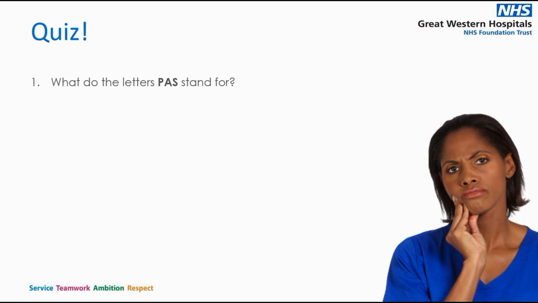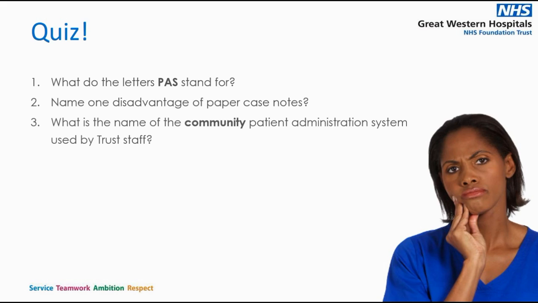Question 1. What do the letters PAS stand for? Question 2. Name one of the disadvantages that we covered regarding paper case notes. One disadvantage of using paper. Question 3. What is the name of the community patient administration system used by the Trust? I won't penalise you if you get it spelt wrong.